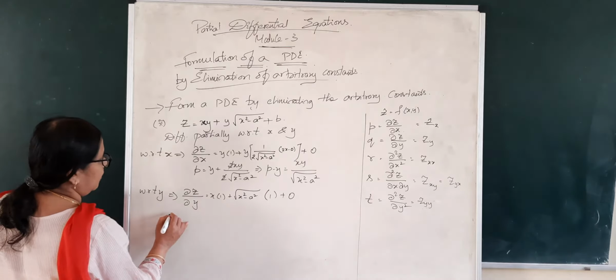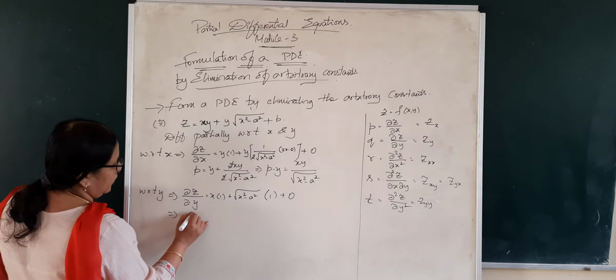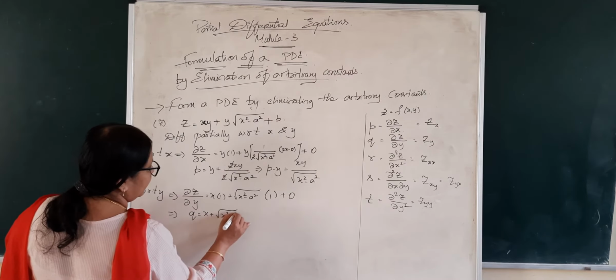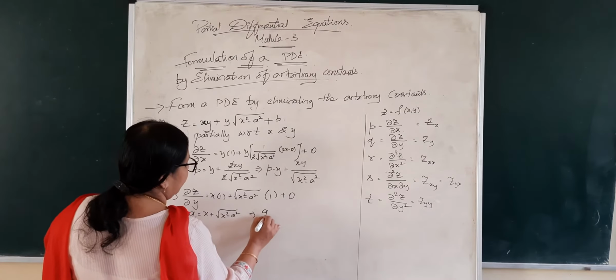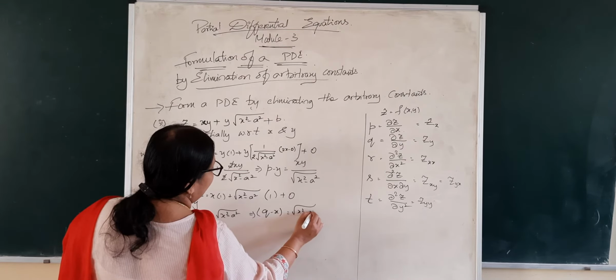So applying the standard terms here, we have q is equal to x plus under root of x square minus a square. Otherwise we can rearrange it, q minus x is equal to under root of x square minus a square.